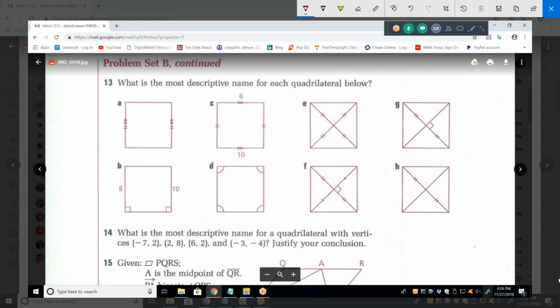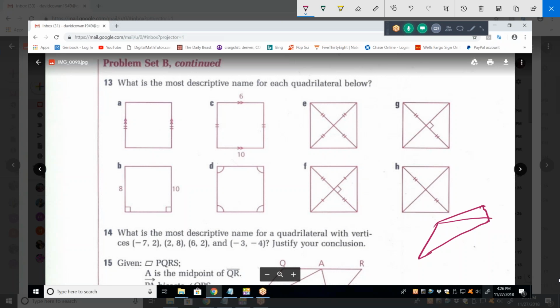And H is a quad. Is that the minimum thing it is? In other words, do all quadrilaterals have... here's a quadrilateral.